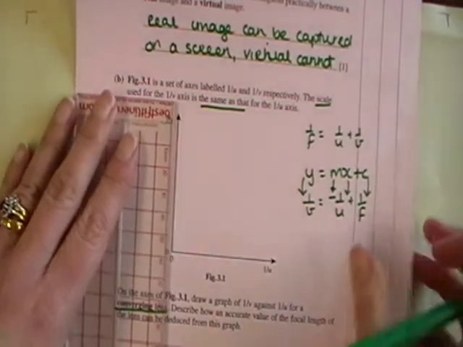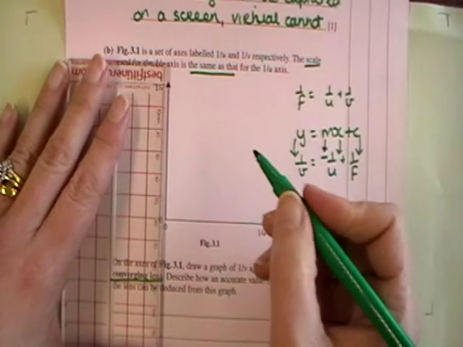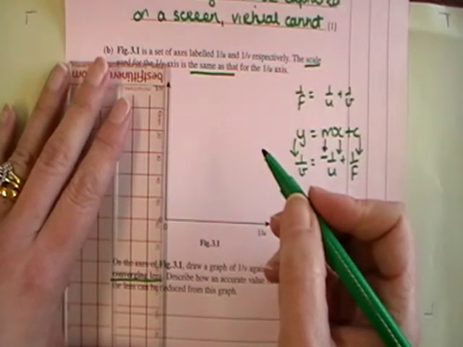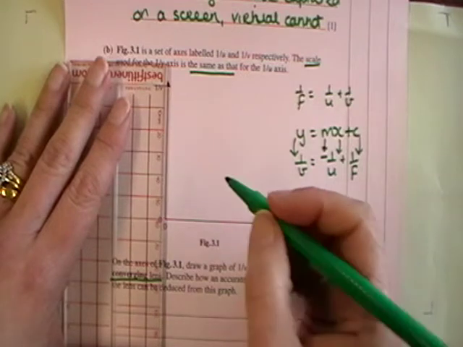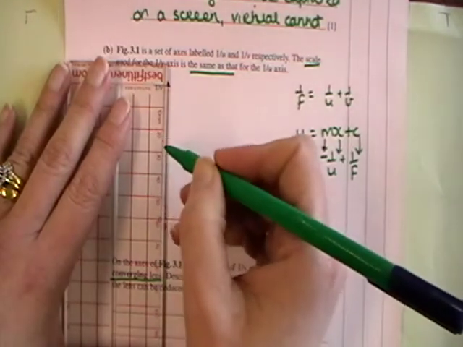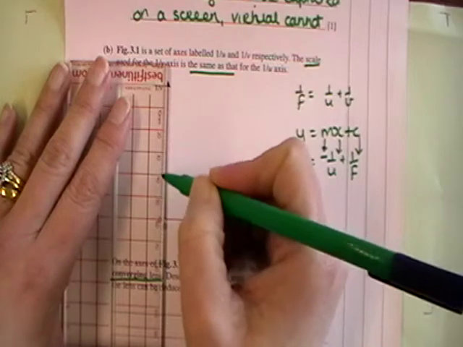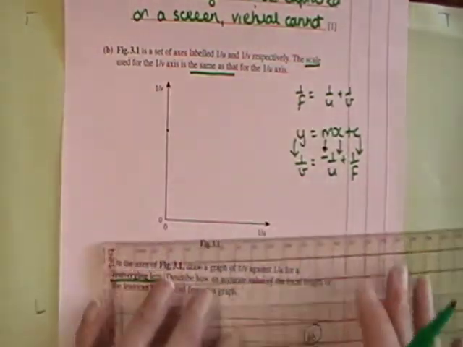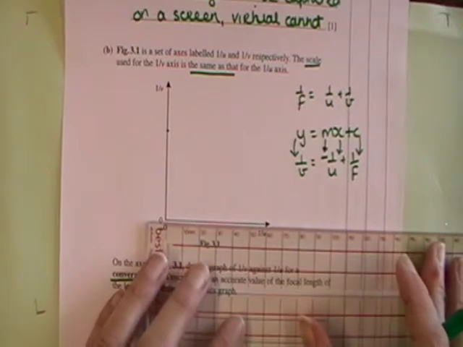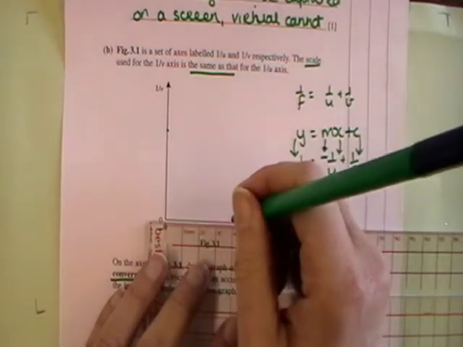Now, because the scale is the same on both axes, we're going to draw a line with a gradient of -1, but it should meet the axis at the same point along the graph. So I'm going to take 5 centimetres up here, 1, 2, 3, I'll take 4 and put a dot. Going to do the same on the x-axis, measure 4 centimetres.